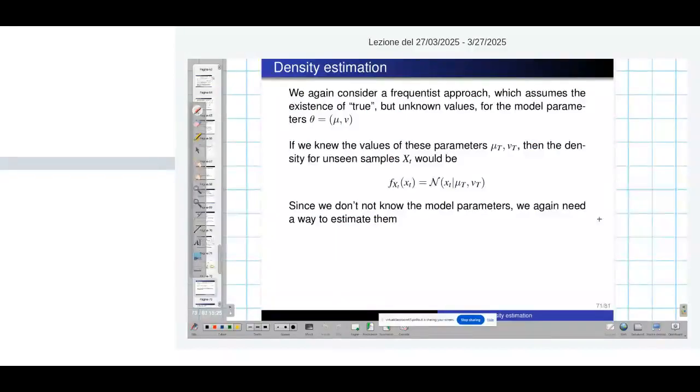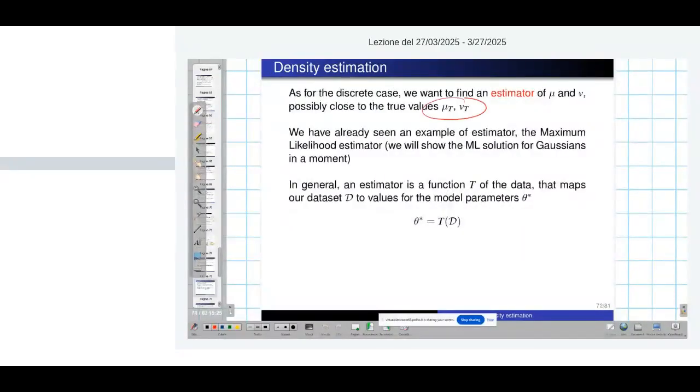Now, before we get to that solution, let's open a parenthesis and say that the maximum likelihood solution is not the only way to estimate the model parameters. In the frequentist approach, our goal is to find an approximation, called an estimator, of the true value of an unknown density that was responsible for generating my samples.